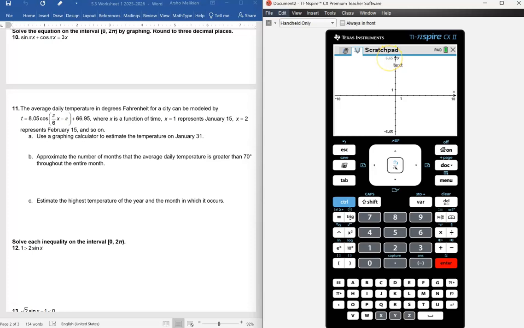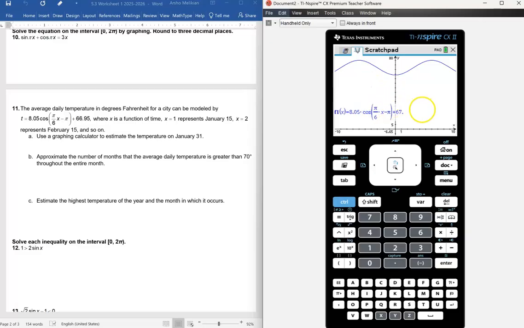Another way to change the axes here is if you click on this, click again, and here let's say 70, let's put 80. Okay, so look at that. Now I can see a graph.